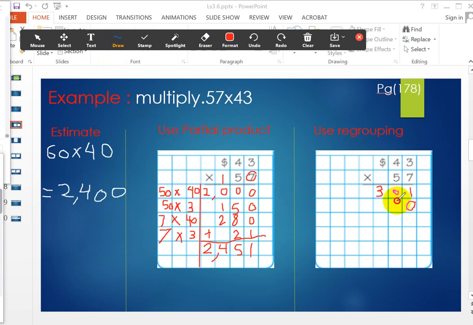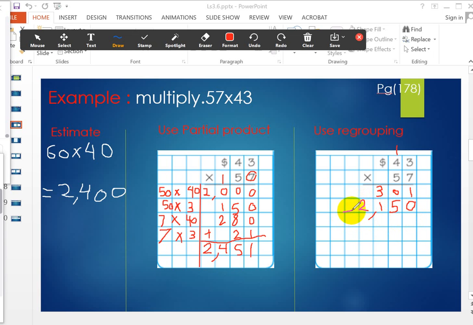So I will write 5 here and 1 above the tens. I will regroup 15. 5 multiply 4 equals 20. 20 plus 1 equals 21. So there is no number after the hundreds, so I will write 21.